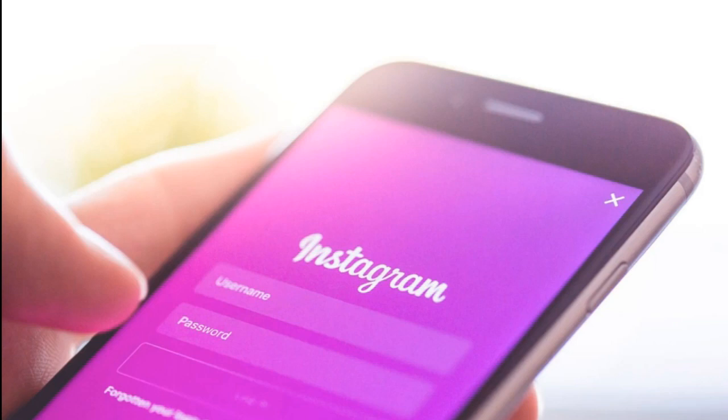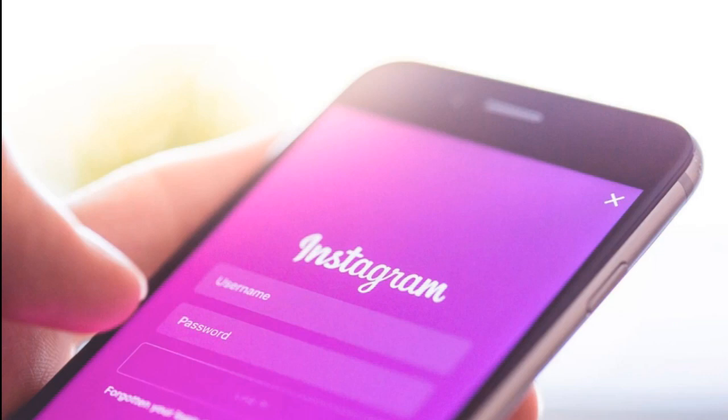So it's important that you understand how the algorithm of Instagram works. Okay, because you actually will be able to grow your followers much faster. So first of all, the algorithm shows your post, just so you know, to a small percentage of your followers.